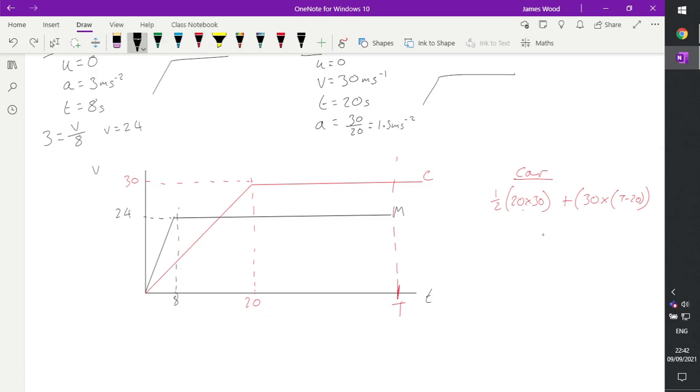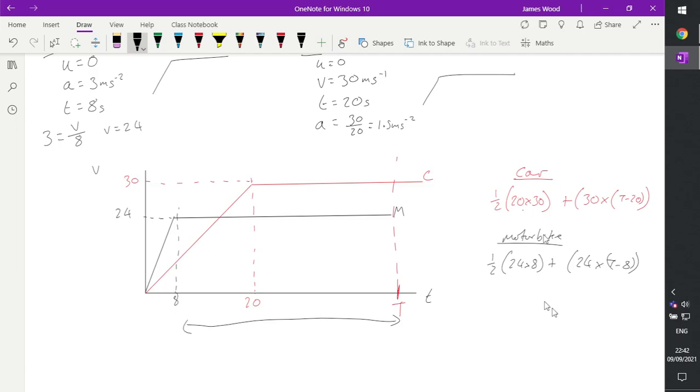Now if we do the same for the motorbike, the triangle at the start is half 24 times 8. And now the rectangle is going to be 24 times this length here, which is t minus 8.